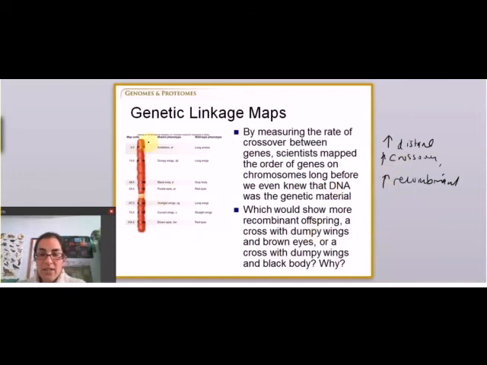So if I look at dumpy wings and brown eyes and compare that with dumpy wings and black body, these two are further apart. Therefore, I would expect a greater number of recombinant offspring between dumpy wings and brown eyes. Again, because the greater the distance, the greater the number of crossover, the greater number of recombinant offspring. And so that's how Thomas Hunt Morgan established these genetic linkage maps.